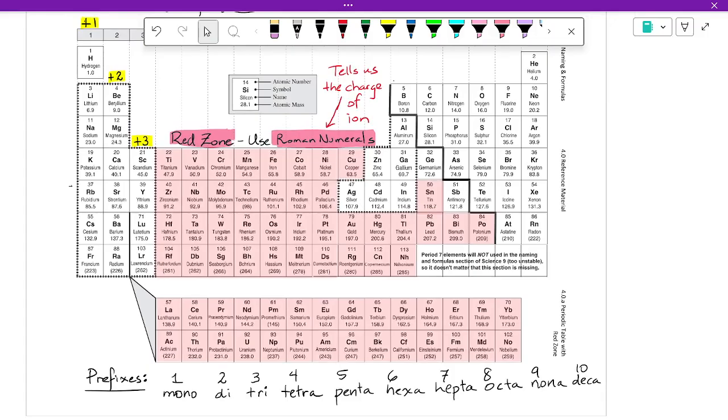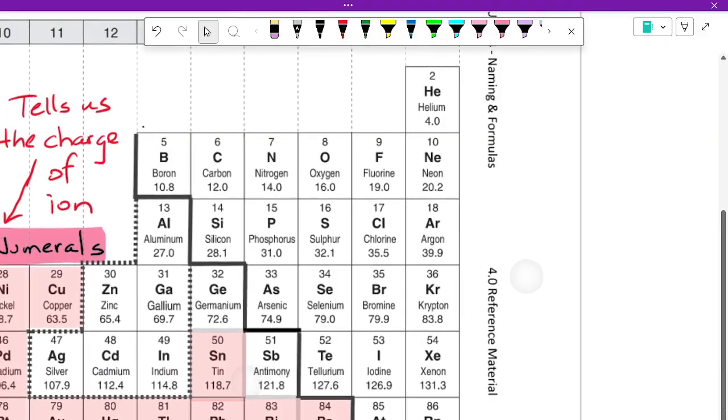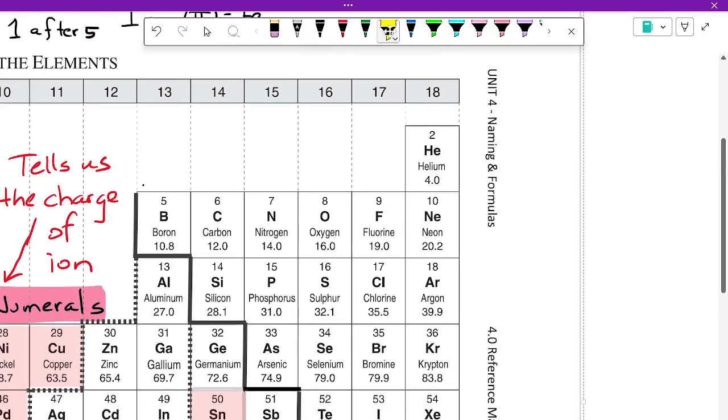We also have other charges that we know. We should know the charge of group 17. How many electrons are on the valence shell of group 17? 7. So what does it want to do? Take 1 electron.